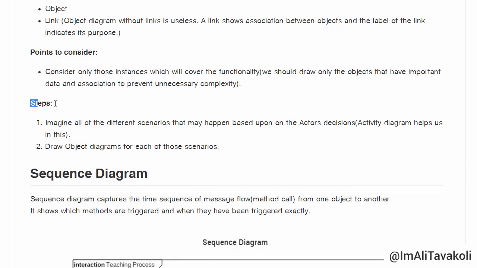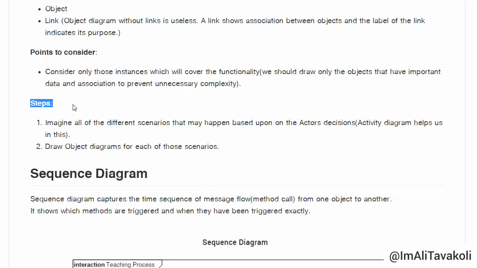Steps to draw the object diagram. It's easy. The first step is to imagine all of the different scenarios that may happen based upon the actor's decisions. The activity diagram helps us in this way.